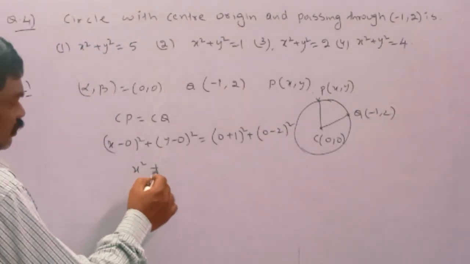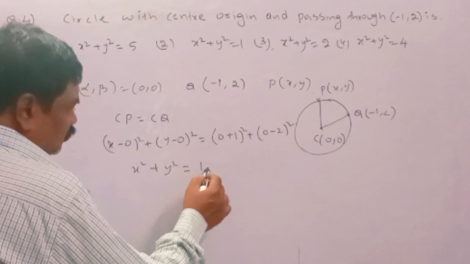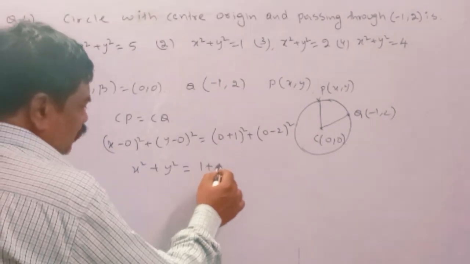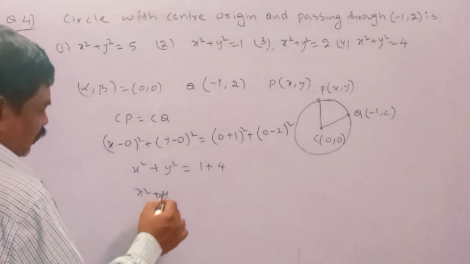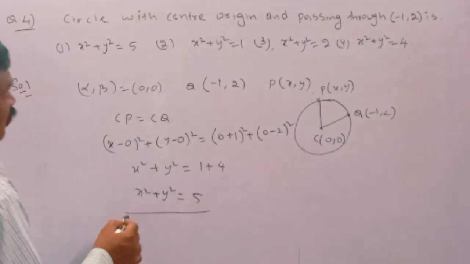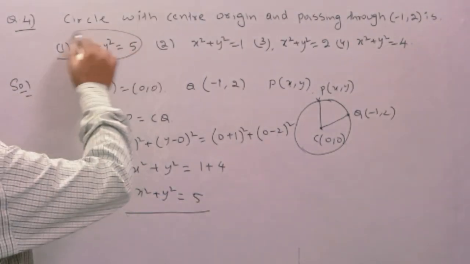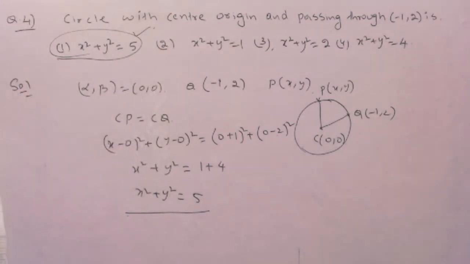Then x square plus y square is equal to 1 plus 2 minus 2 whole square, which is 4. So x square plus y square is equal to 5. So option 1 is the correct answer. That's all. Next question.